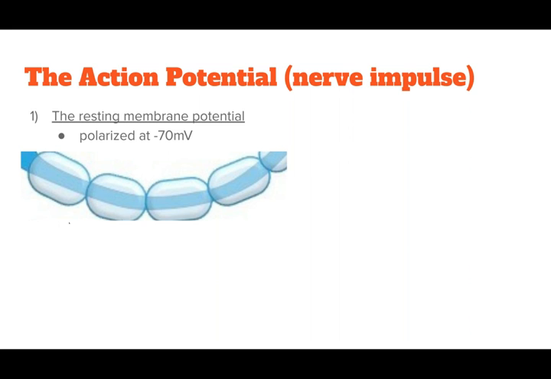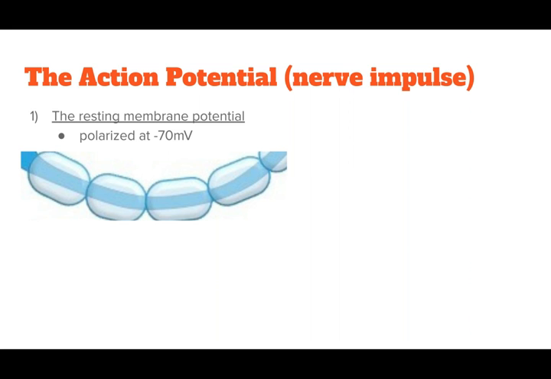Now, I want you to sketch down an axon. It doesn't have to look exactly like this. You could literally just draw a tube if you want to. But the important thing that I want you to do is add some charges. A membrane at rest is charged, or polarized. Something that's polarized means that it's got positives and negatives.